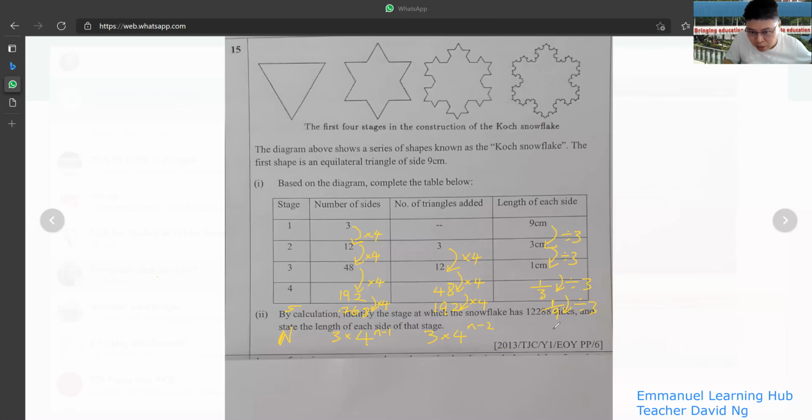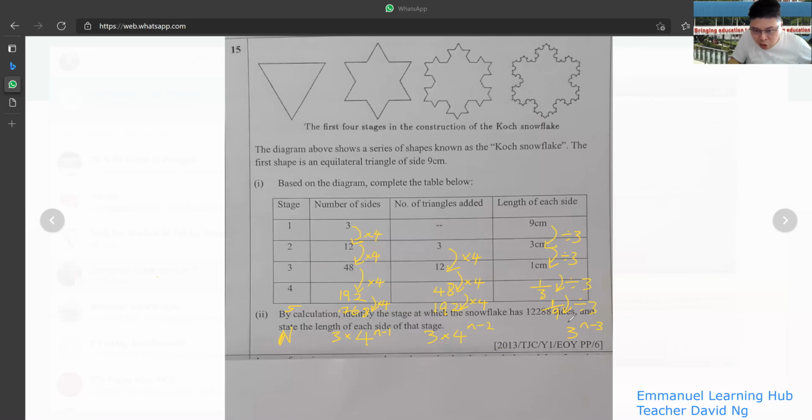So the fraction becomes smaller and smaller as n gets greater and greater. Because I divide by 3, definitely the base is going to be 3, 3 to the power of something. Because I start from stage 3, you have an n minus 3 somewhere.